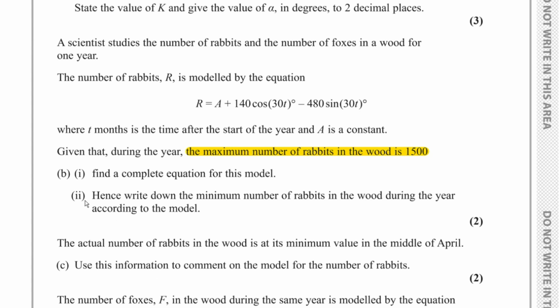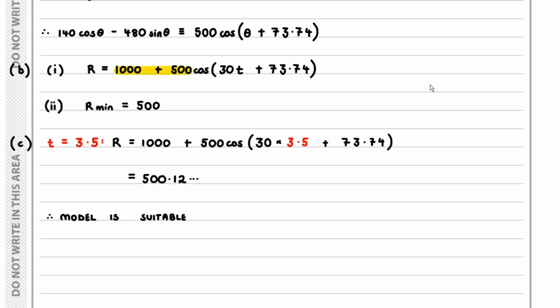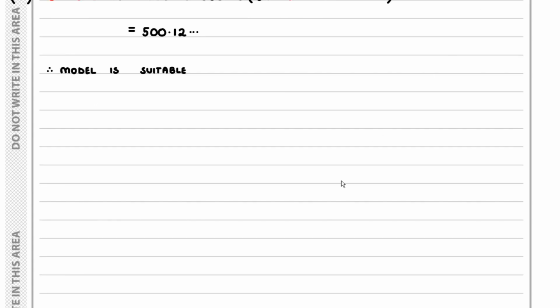Because we are looking at the number of rabbits, we'd have to use this equation here. That is, r equals 1000 plus 500 cos of (30t plus 73.74). Let us find the value of t which gives us a minimum.